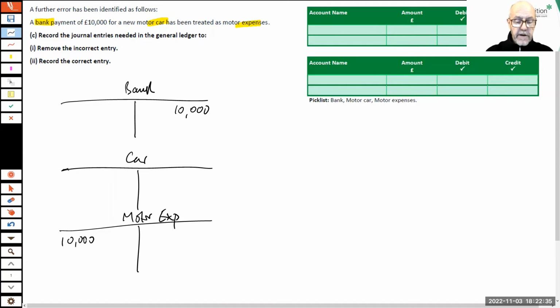That's where we are now. Where should we be? Well, it should have gone to the car. So we need to charge 10,000 cost of car, take it out of motor expenses, and there is our answer.